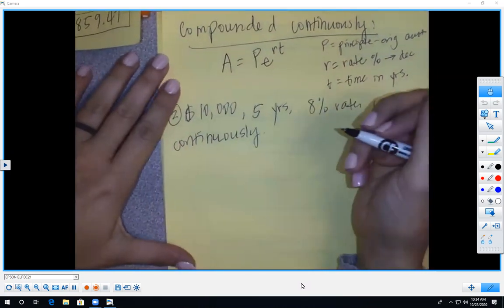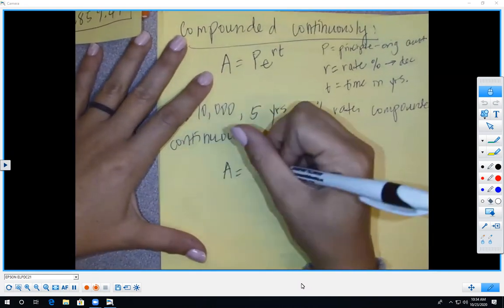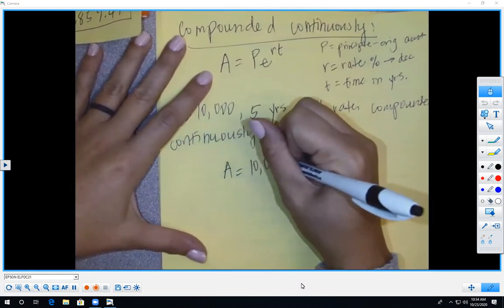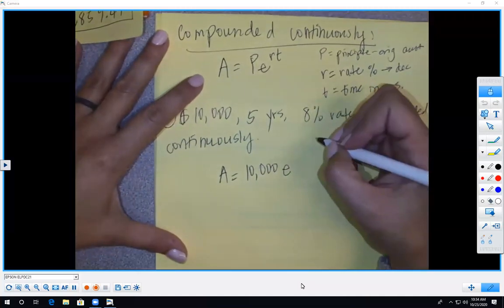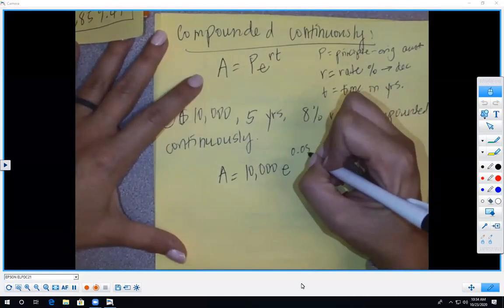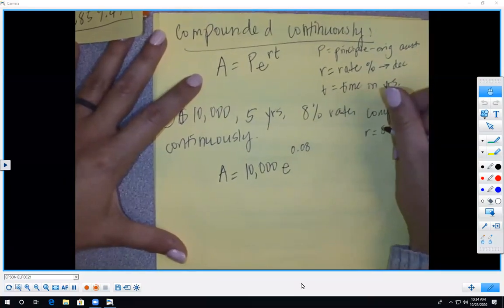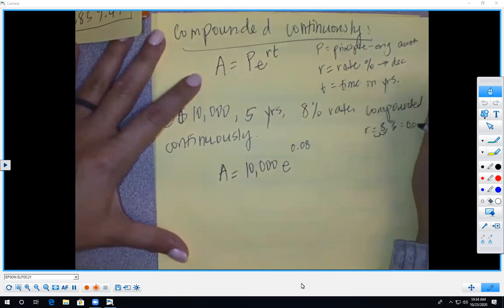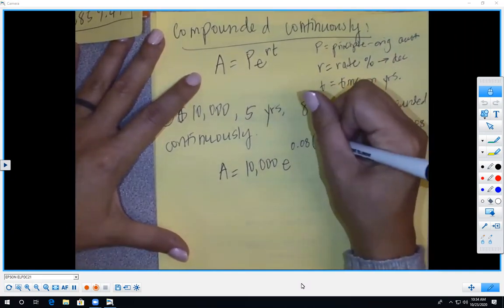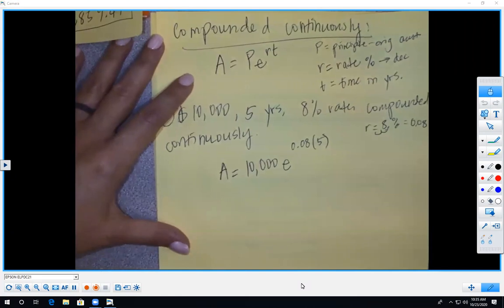Okay, so when I plug it in this formula, A equals P, P is 10,000 times e to the r. What's my r value? 0.08, right? Remember, you got to do the 8 as a percent, move it over to the left 2 times, and you get 0.08. And t is 5.